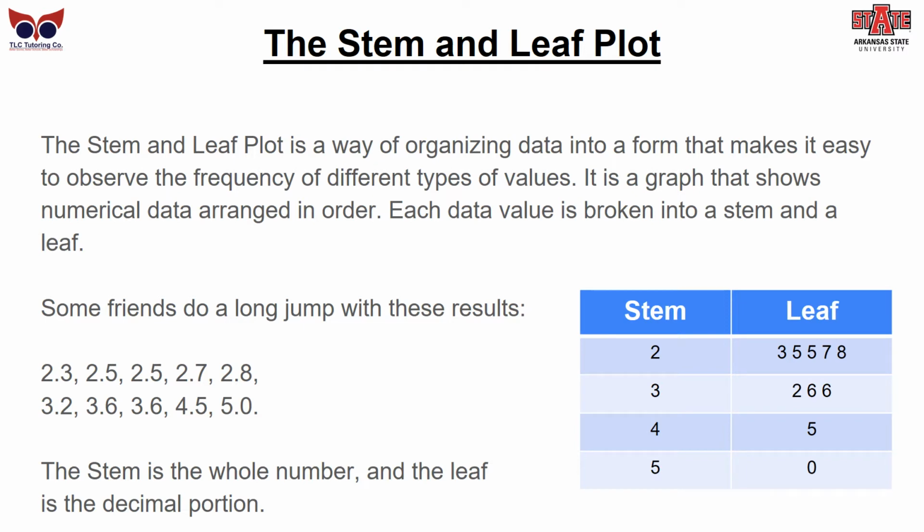So we would say stem 2, leaf 3 is 2.3. And as you can see, this makes it easy for us to see that most of our numbers, half, are actually in the 2s, and then 3s are the second most common, then 4, but there's only the one 5. That is the easiest way to break this down, and stem and leaf plots are really good for that.